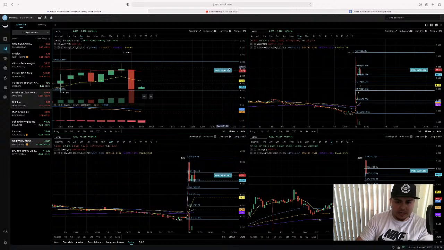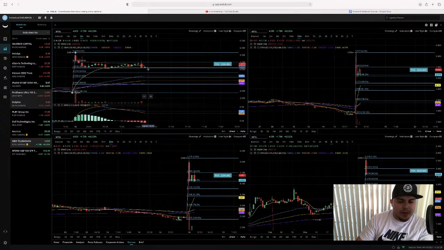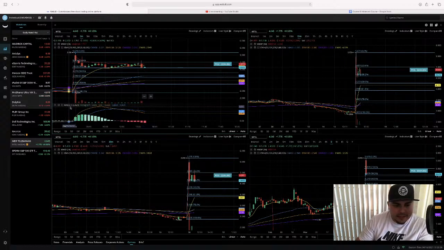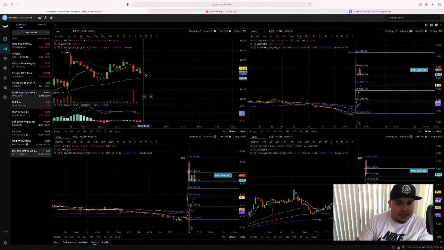And then I will take away a small piece if we break below that 38.2 fib, 460. On the other hand, SPY looking like it's not going through with what I planned. Not looking so good here.